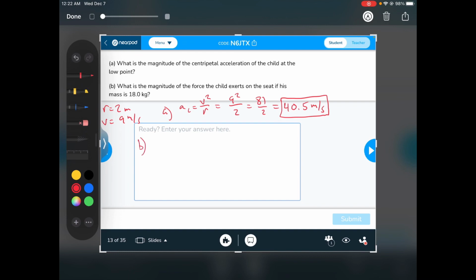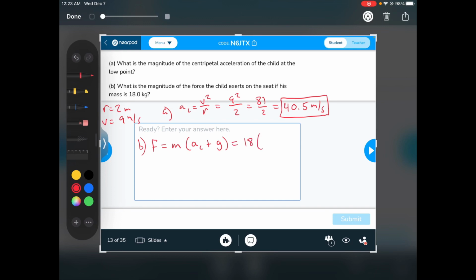For part B, the magnitude of the force the child exerts on the seat. So given the mass, and we know the centripetal acceleration now, but we have to include the fact that gravity is actually acting here as well. So really our force is equal to the kid's mass times both the centripetal acceleration and gravity.